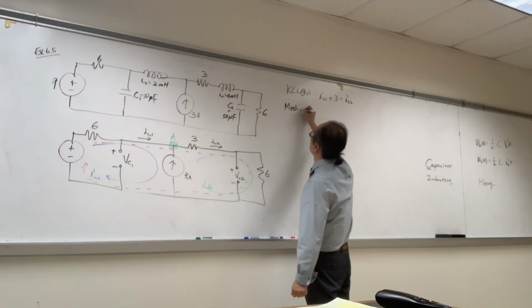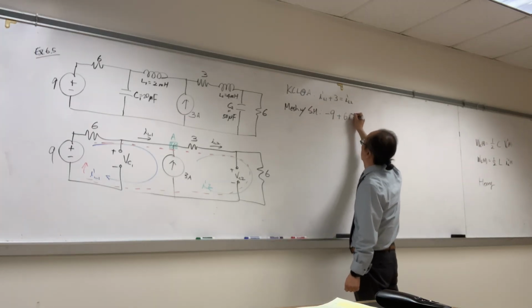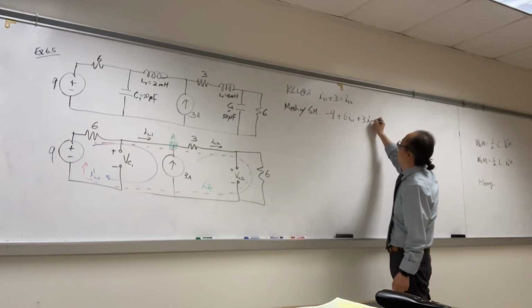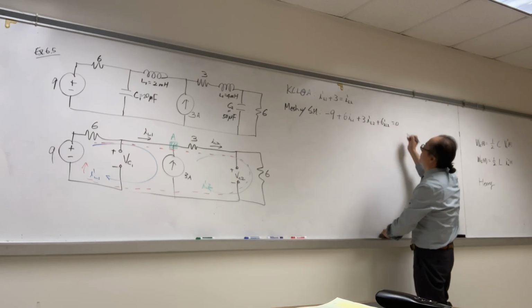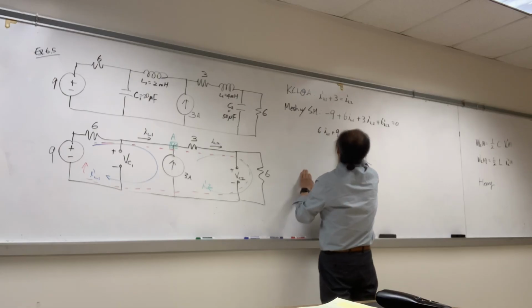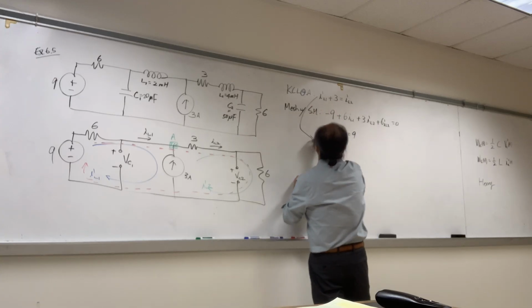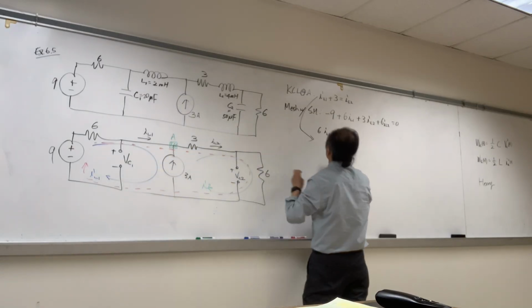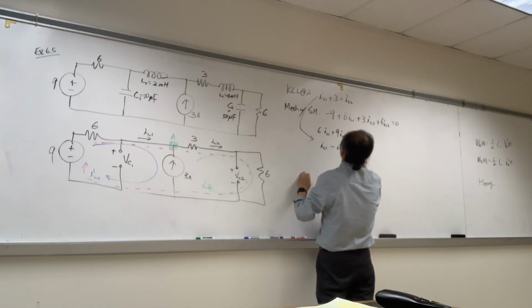So the super mesh: -9 plus 6 IL1 plus 3 IL2 plus 6 IL2 equals 0. So now we have 6 IL1 plus 9 IL2 equals 9. And we already did the KCL, including this middle current. So that is IL1 minus IL2 equals -3.